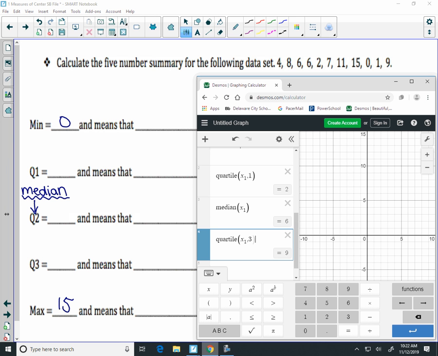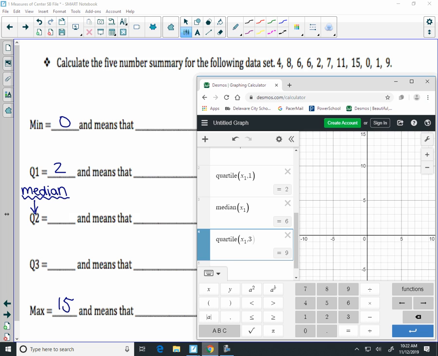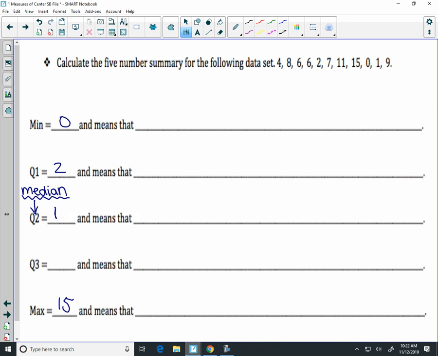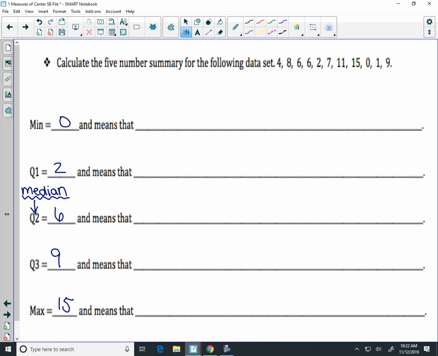All right, so I'm getting 2 for Q1, 6 for the median or Q2, and 9 for Q3. And we're going to talk through what those mean in just a second here.